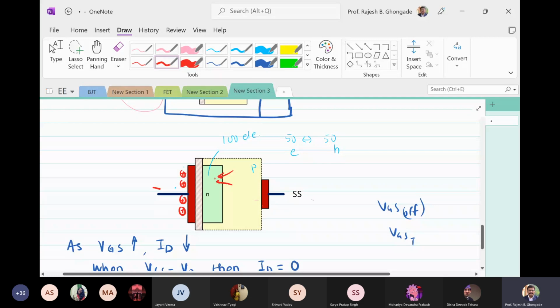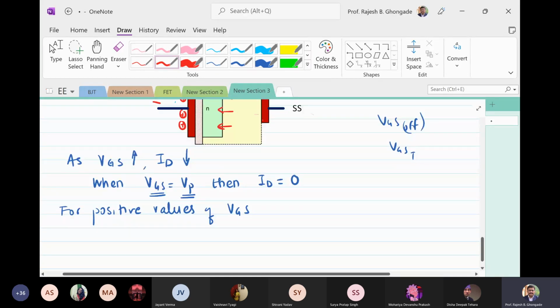So minority electrons will be attracted into this n channel, and the number of electrons in the n channel will increase. Of course, since they are minority, it won't be a lot, but there will still be an addition of electrons. So for positive values of VGS, ID increases, and this ID increases quite rapidly.